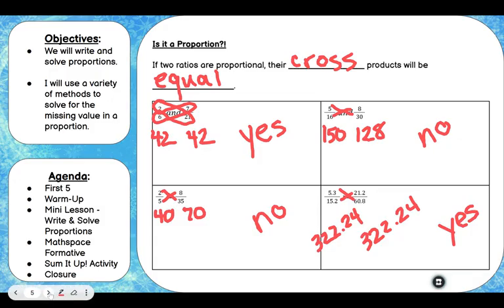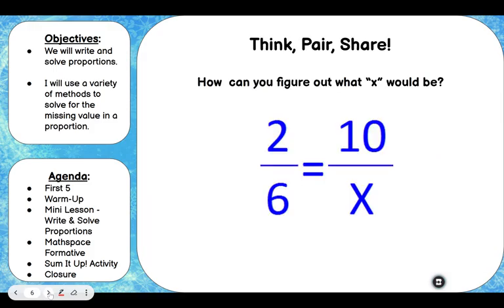Now, the last part of our notes for today is we're going to solve for a missing number. Before we do that, I'm going to have you think, pair, and share. First, think about what number would go in the spot of X. X is just a placeholder for a question mark.